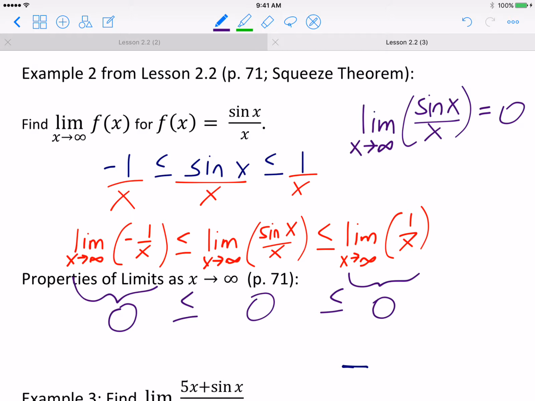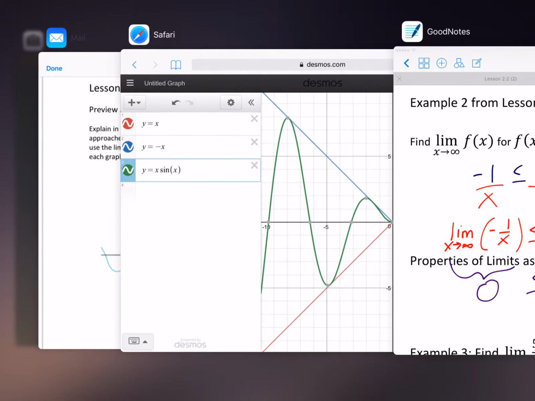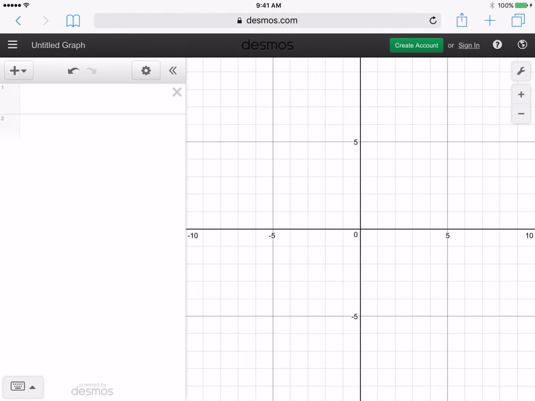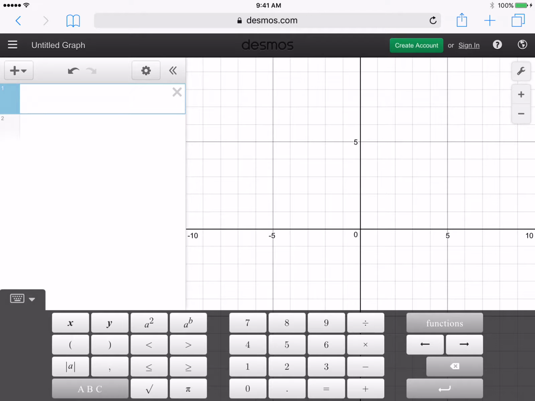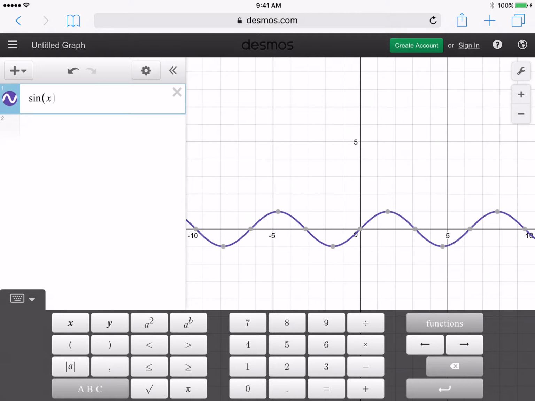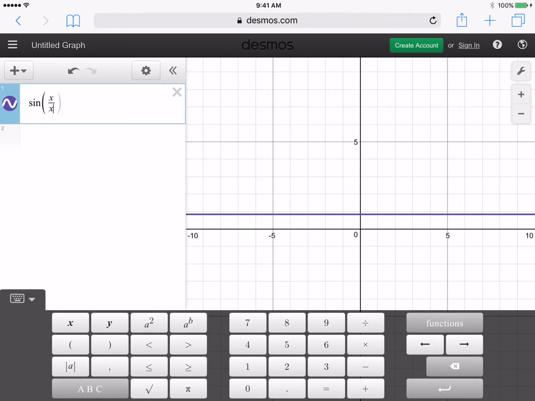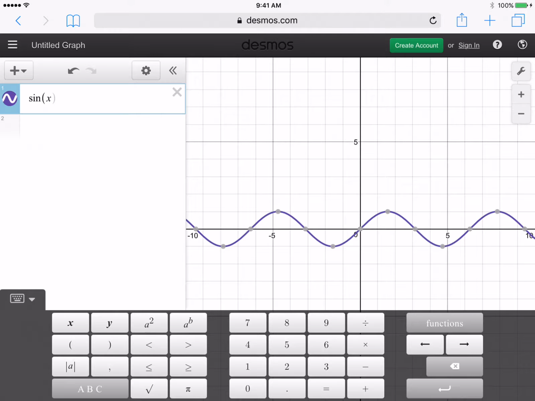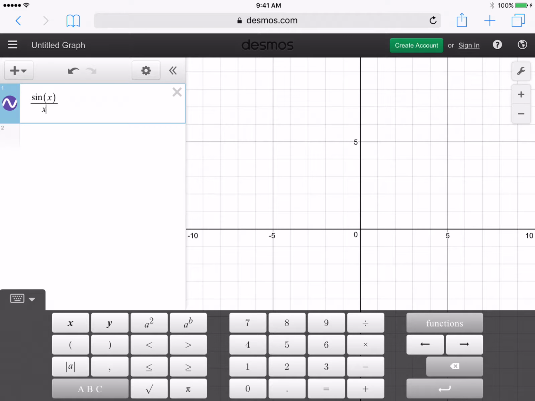Okay, let's check this graphically. So now let's go to decimals again. Okay, so this time let me write sine of x divided by x.